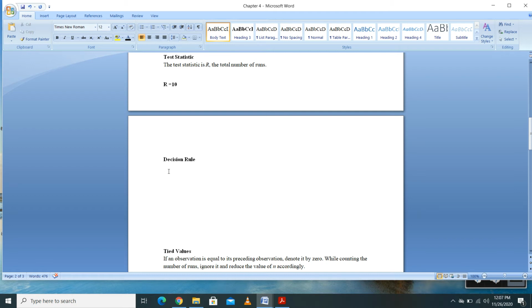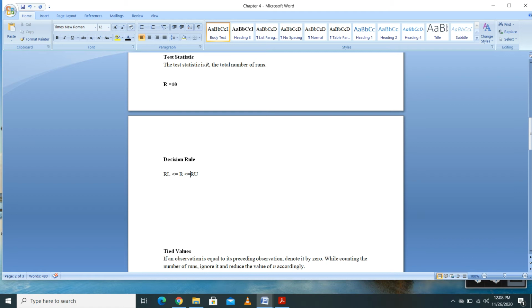So let's say the lower bound value is RL and the upper bound value is RU. So what we have to do is check whether our test statistic value is in between these 2 values.